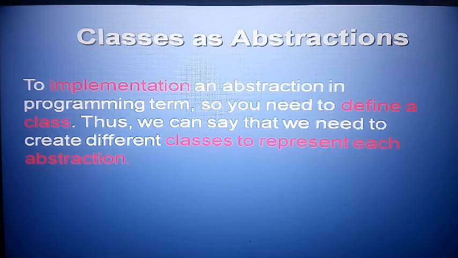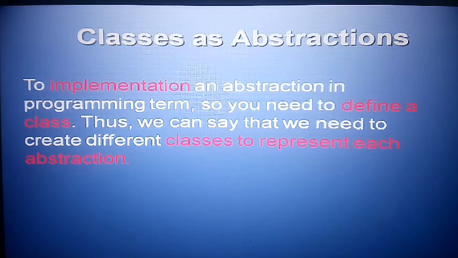Second, class abstraction: implementation of abstraction in programming terms. You need to define the class. It means if you want to implement anything in abstraction, we can do it with the help of a class.